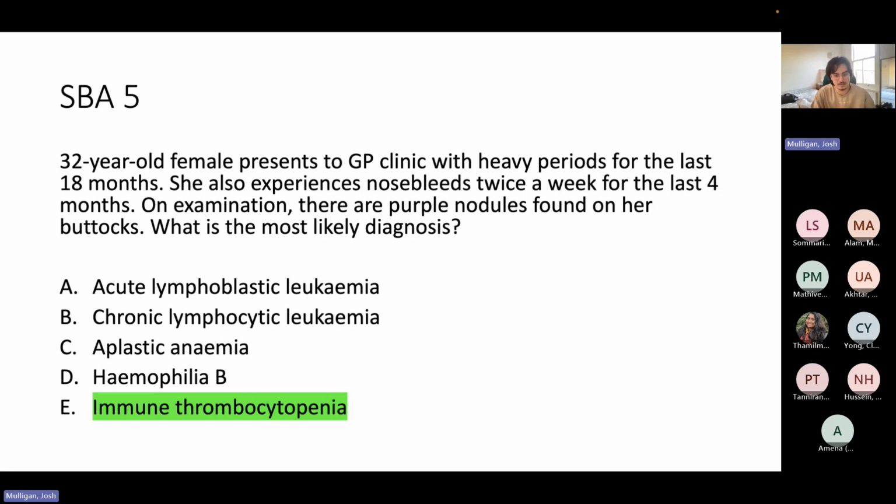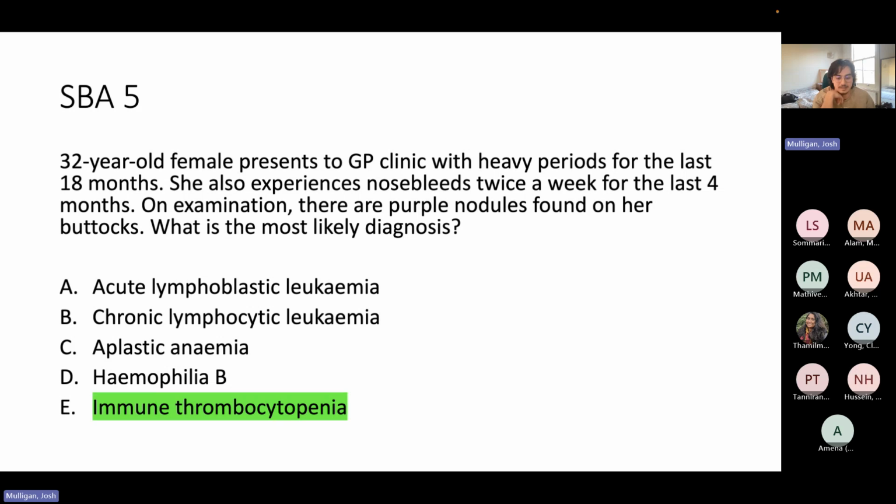Aplastic anemia, so you could expect bleeding, but you'd probably also expect infection, and I would also probably expect infection in the white cell disorders as well. So both the leukemias.